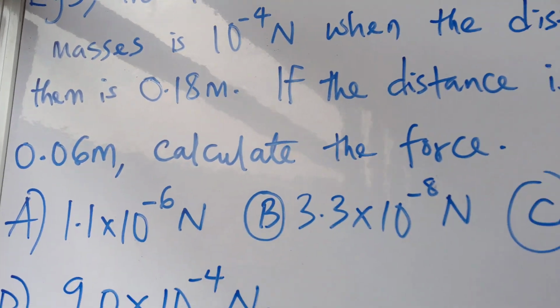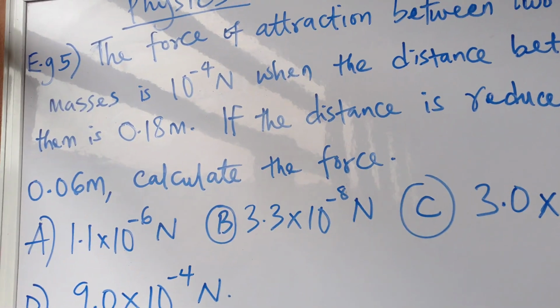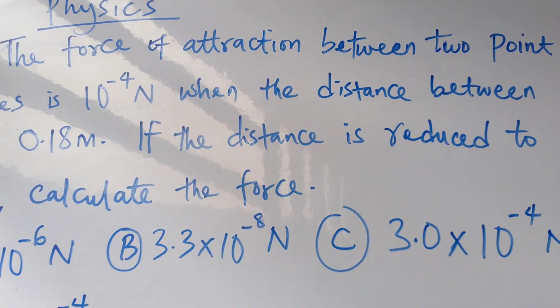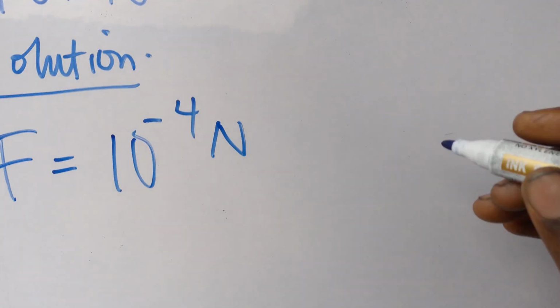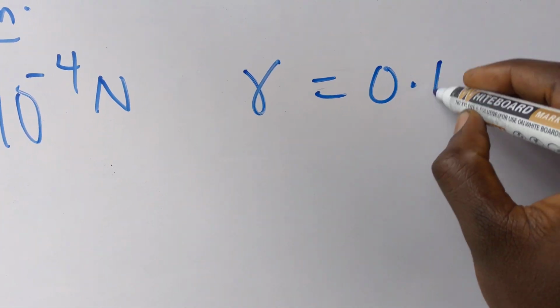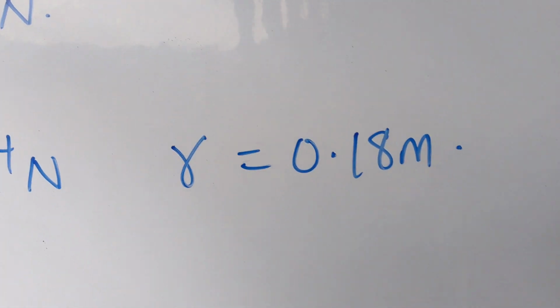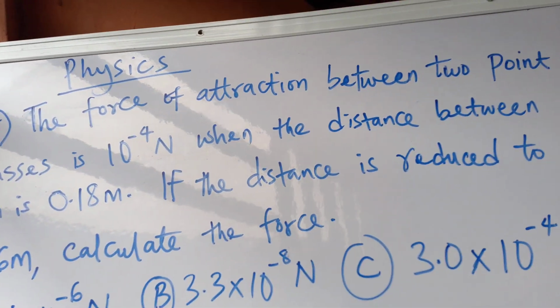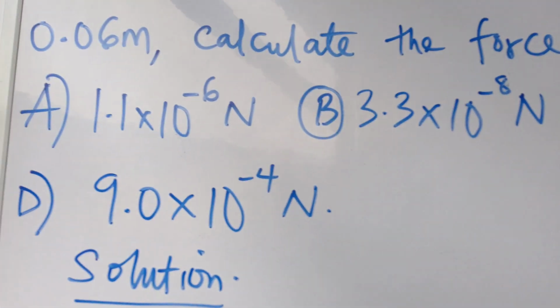And it says when the distance between them is 0.18 meter. Okay, so the distance between them, R, is equals to 0.18 meter. Alright, so the 2 point masses are M1 and M2.